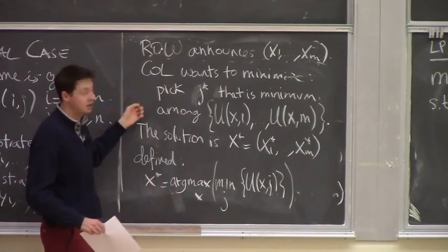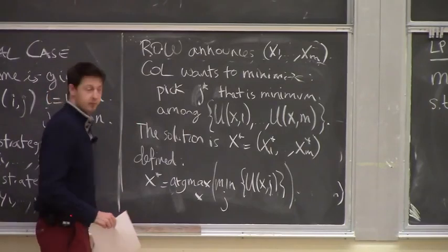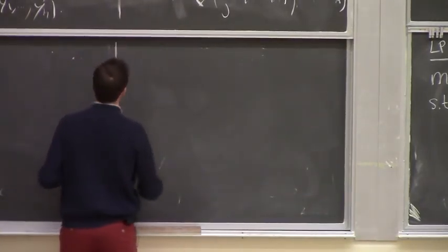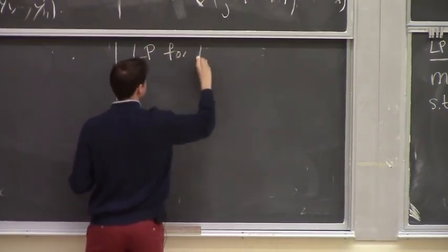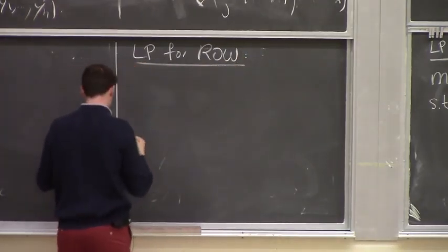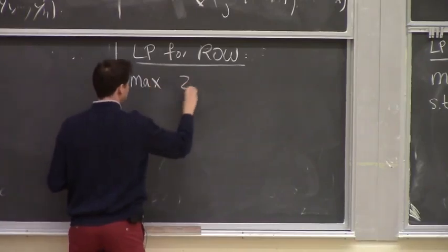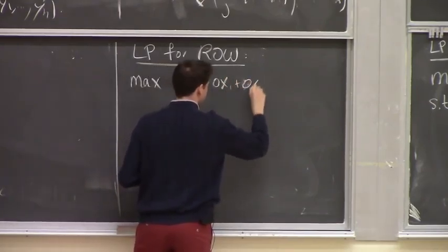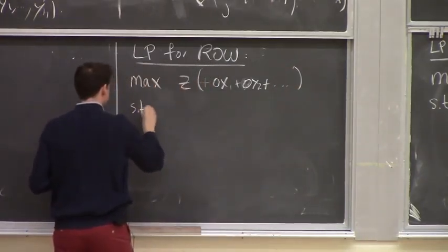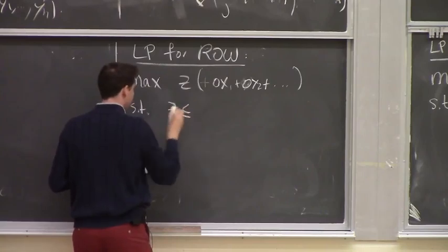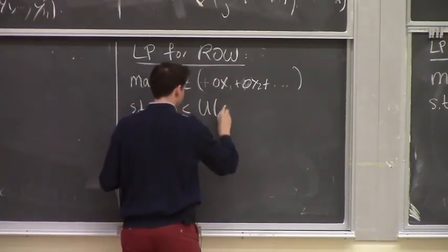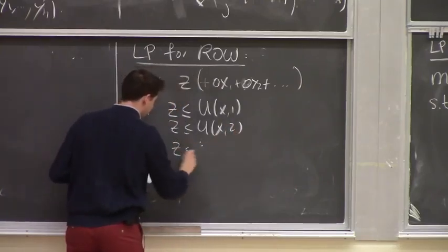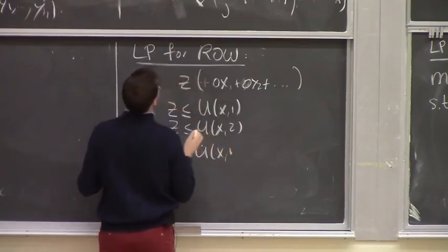What I want to do is write the linear program, at least for the row player, in the general case. The linear program for the row player, which is the one that you solve, is to maximize z, plus implicitly 0x1 plus 0x2 and so on, subject to z is at most u(x, 1), z is at most u(x, 2), up to z is at most u(x, n).